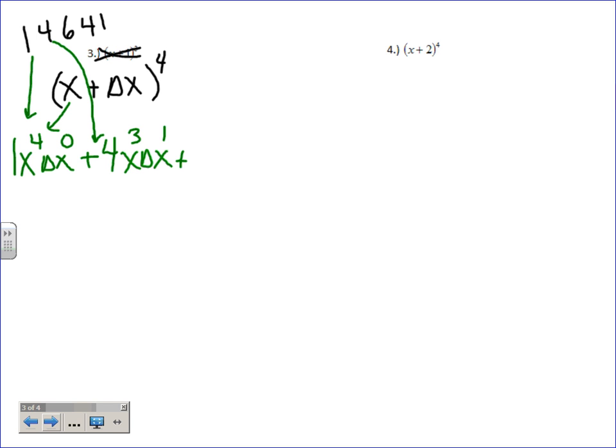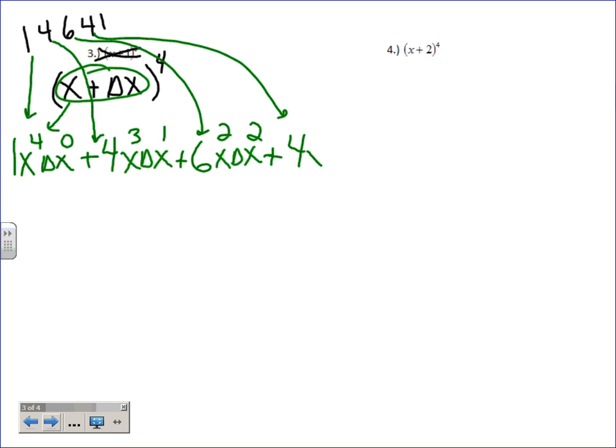Plus 6, and you know there's an x and a Δx because that's what's in here, right? And 2 and a 2. Okay. Yep, this 4 now. Oops, sorry, that 6 came from here. You probably all saw that. 4x, 1, 3. Yep, and then plus 1, right?